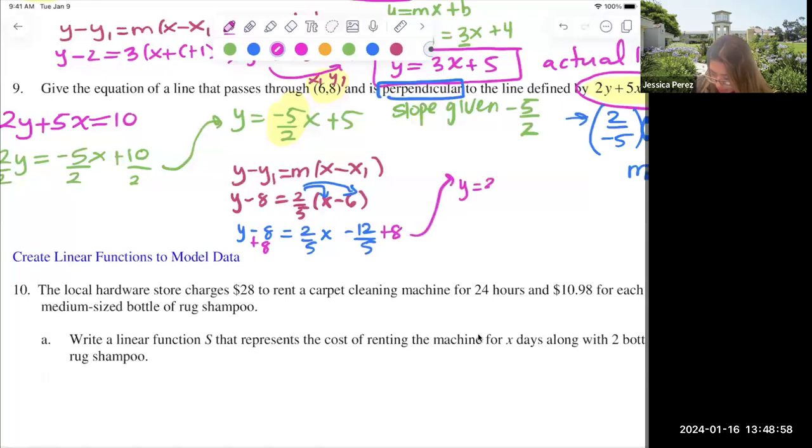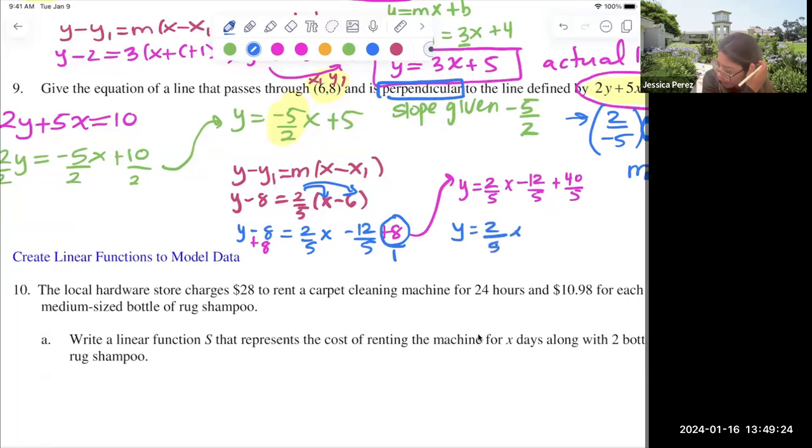So we get y equal 2 over 5 x minus 12 over 5 plus 40 over 5. How did I put 40 over 5? Because I want to combine the 8 and the -12 over 5. I multiply top and bottom by 5, combining with the LCD, so it's y equal 2 over 5 x.